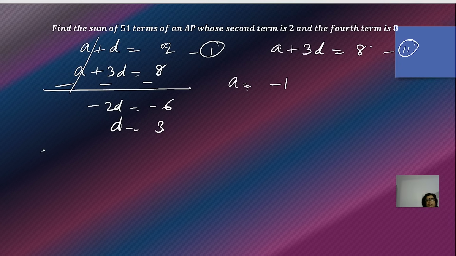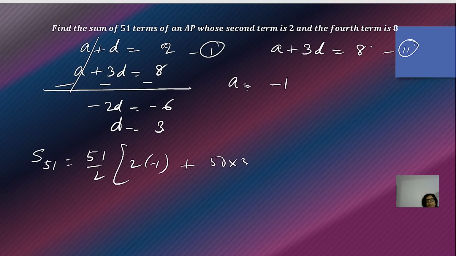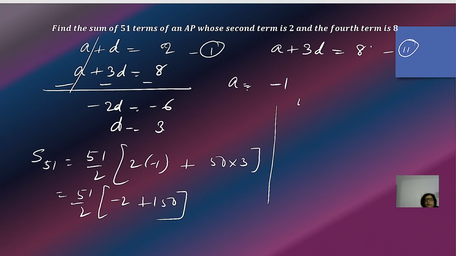Sum of 51 terms is S51. This will be 51 by 2, 2 into minus 1 plus you get here 50 into d, that is 3. So this becomes 51 by 2 into minus 2 plus 150. So this is equal to 51 by 2 into 148.